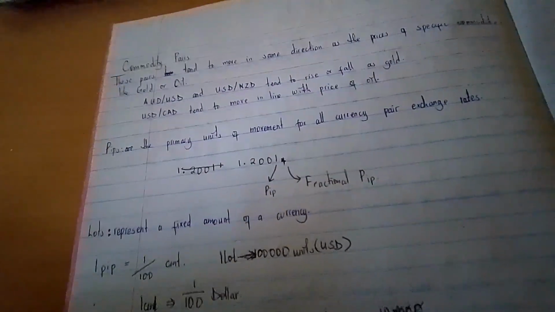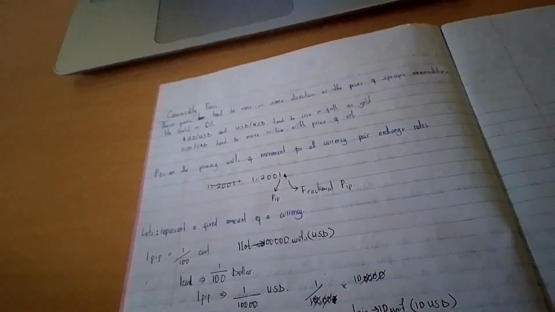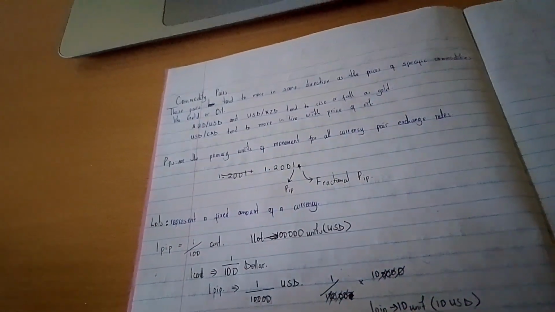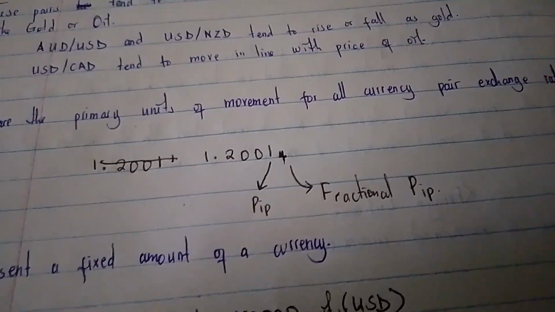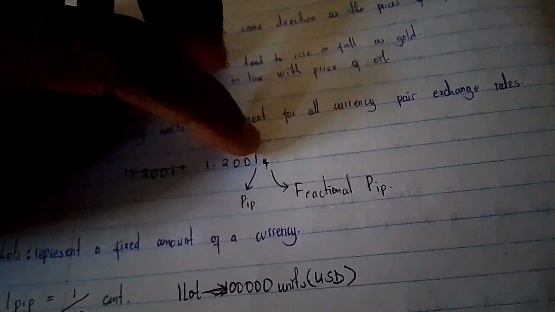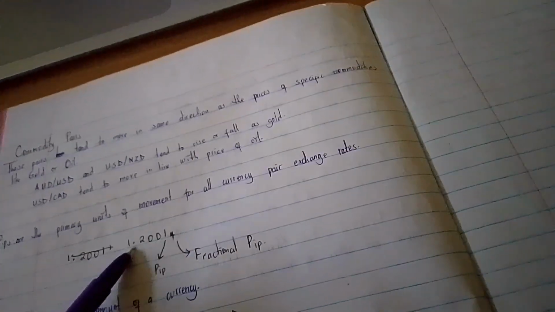And then we went ahead to look at pips, where we say these are the primary units of movement for all currency pair exchange rates. So for example, this is a pip, and this lower digit here, this 4, is a fractional pip. Just a moment, let me show you what that is.